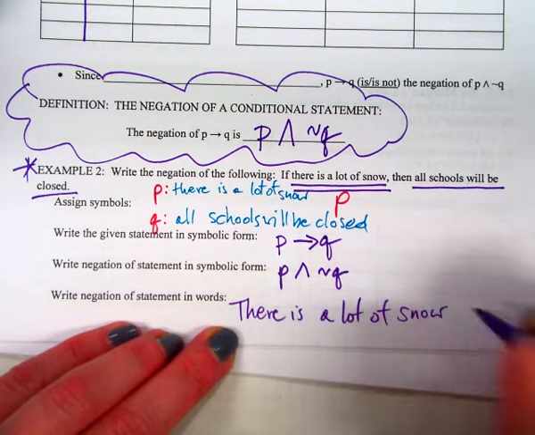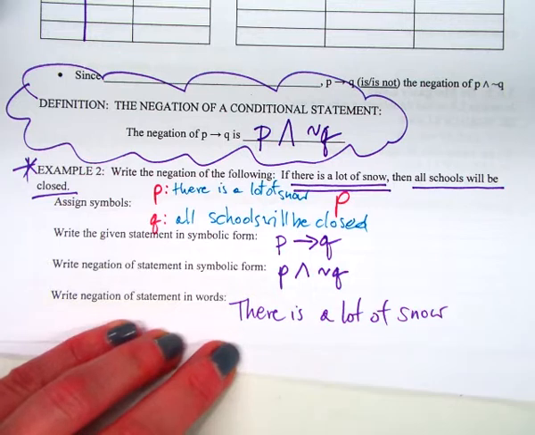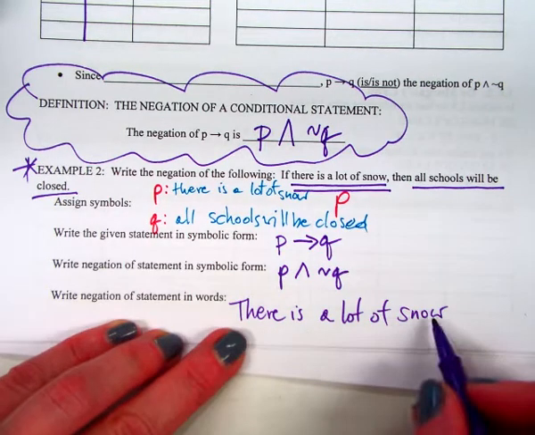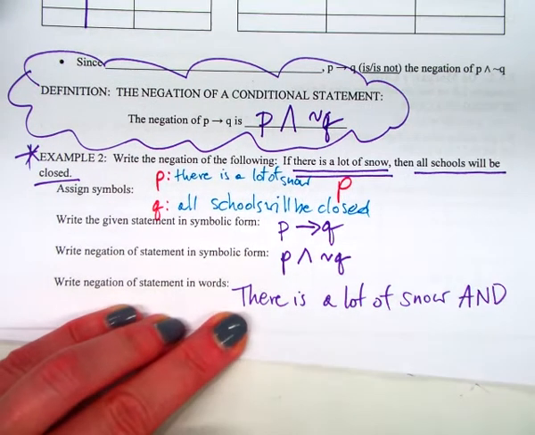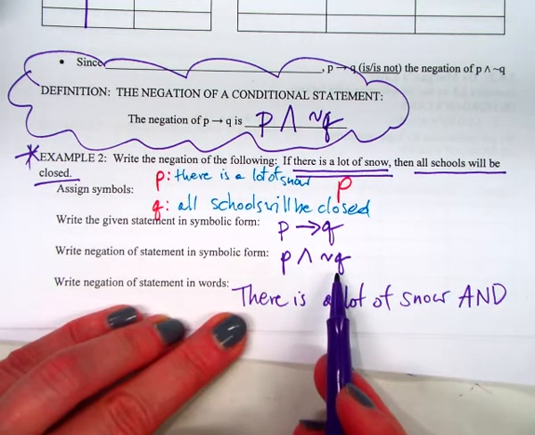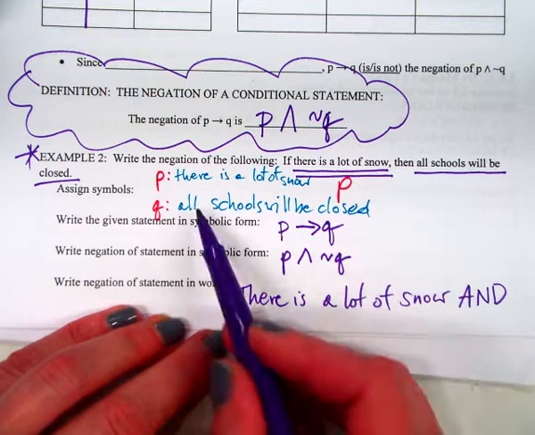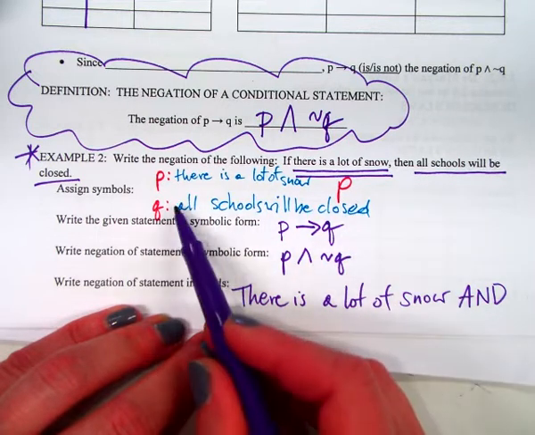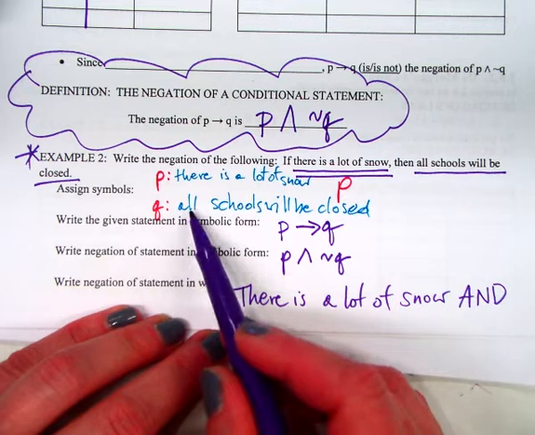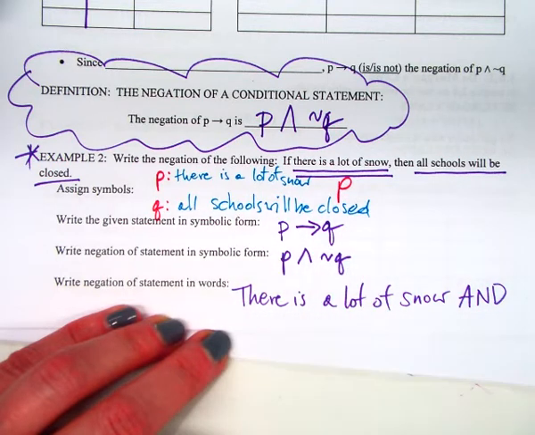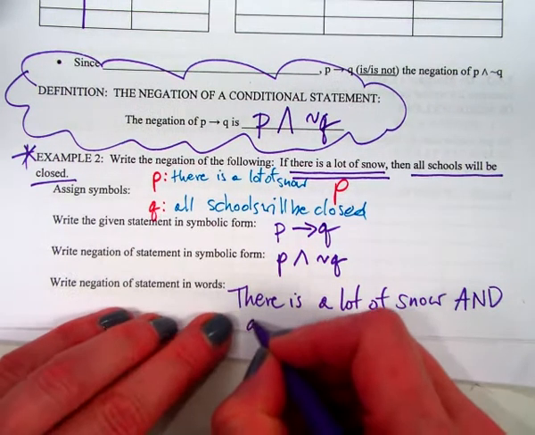Just like today when we thought maybe there's going to be an ice day where everything freezes over and it didn't, so we have school. There's a lot of snow, and how do I negate Q? It says all schools will be closed. So how could we negate that? All schools are open, or you could say all schools are not closed. So I'm going to write that.